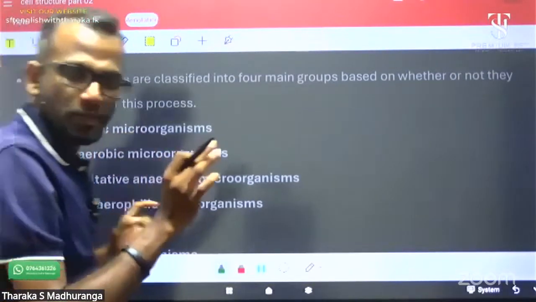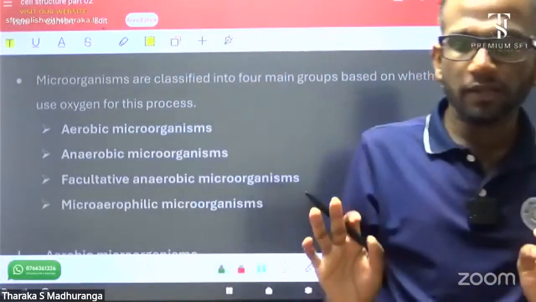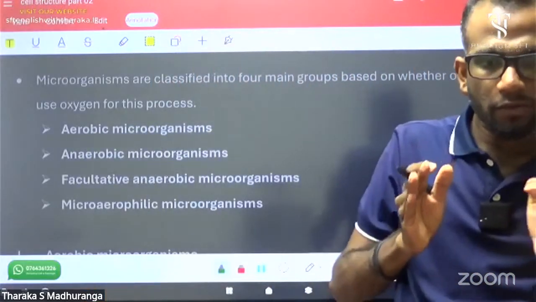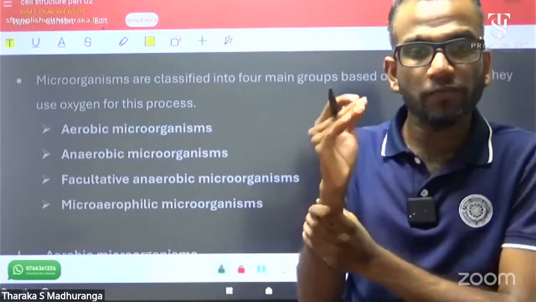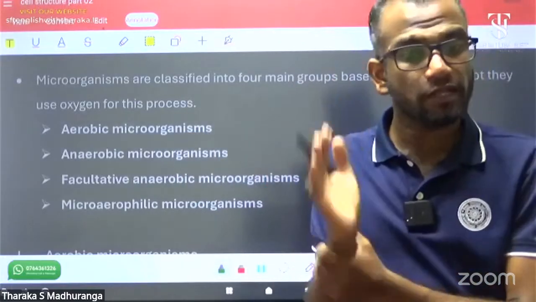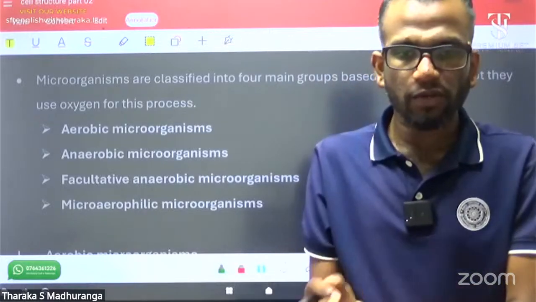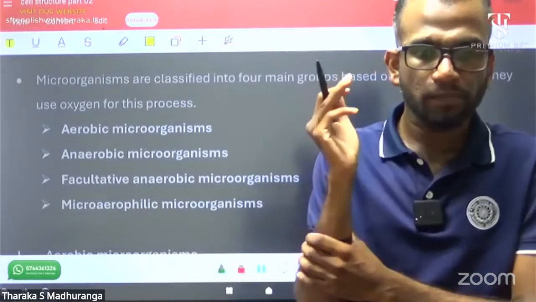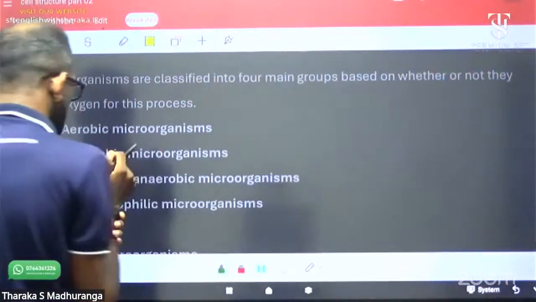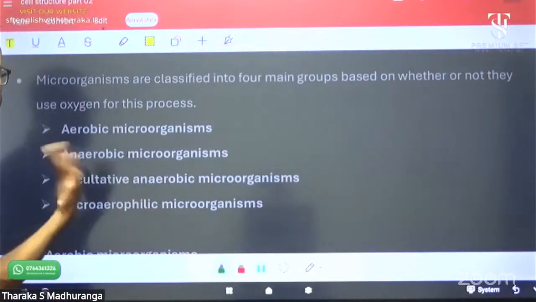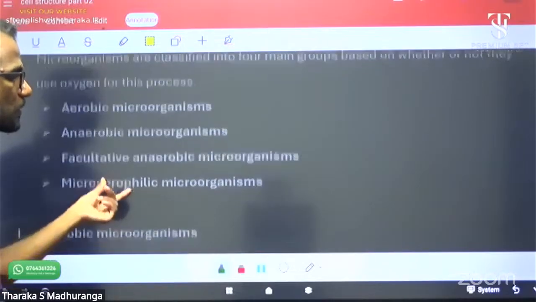That's the 4 respiratory types. Microorganisms can be classified into 4 respiratory types. What are the types? Aerobic microorganisms, anaerobic microorganisms, facultative anaerobic microorganisms, and microaerophilic microorganisms.